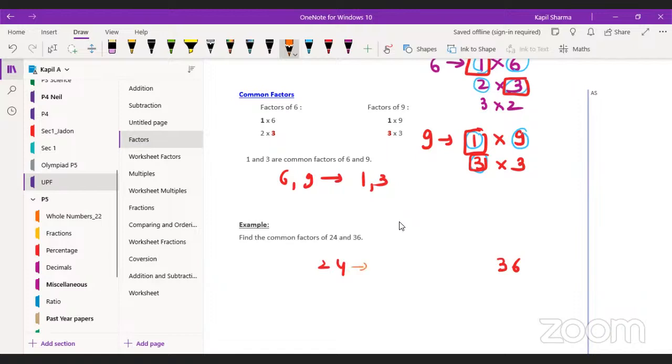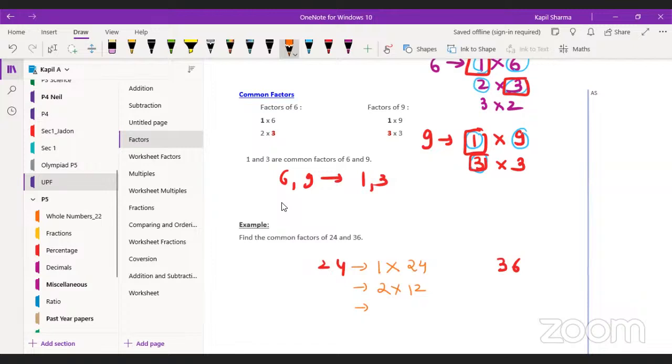So again, first we'll write all the factors of 24. 1 times 24, 2 times 12. Okay, we are talking about all the possible factors. Yeah, that is fine, Swastik. But common factors. 24. Is 24 a common factor? So see, let's list down all the possible factors of 24.